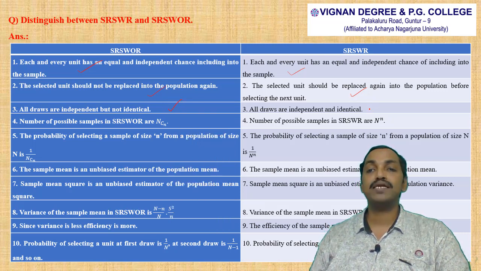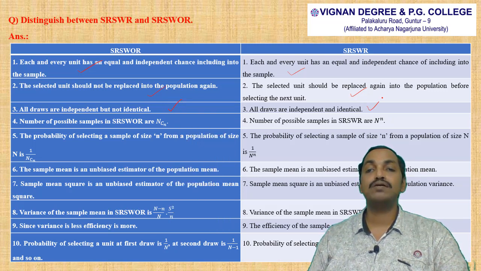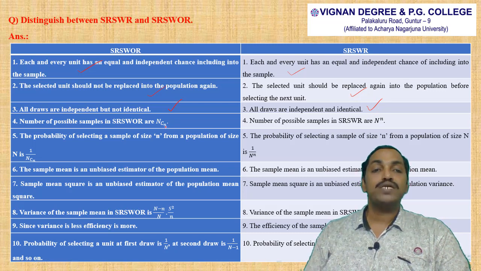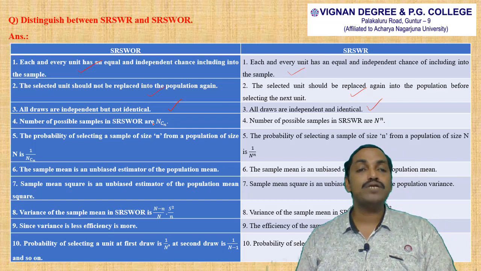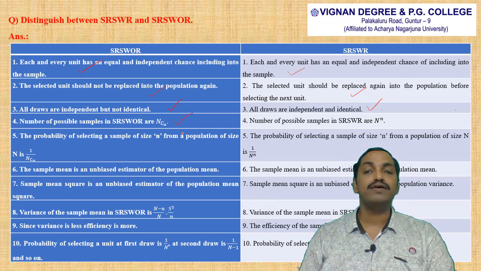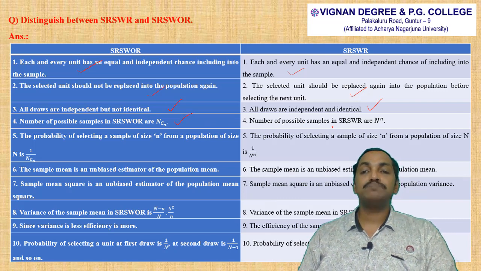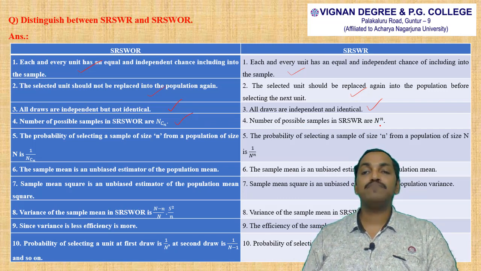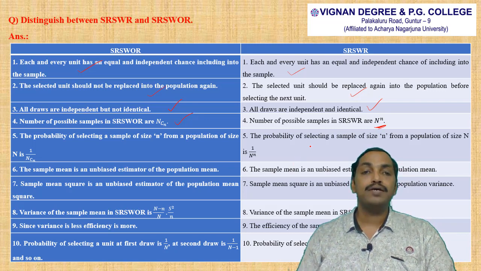Whereas in simple random sampling with replacement, all draws are independent and identical. The fourth one is, in simple random sampling without replacement, the number of possible samples is capital N C small n. Whereas in simple random sampling with replacement, the number of possible samples is capital N to the power of small n.